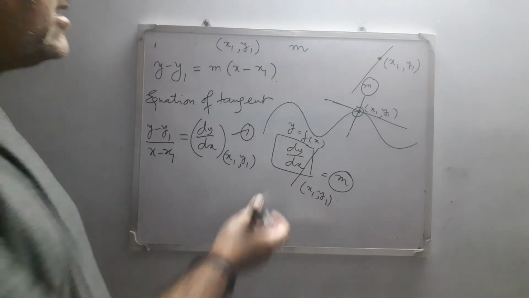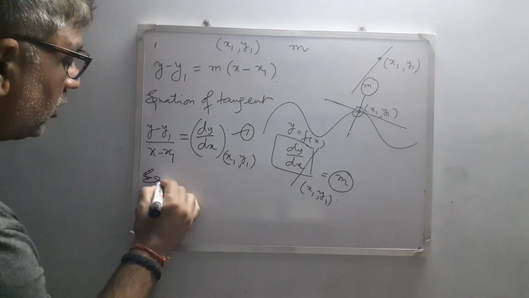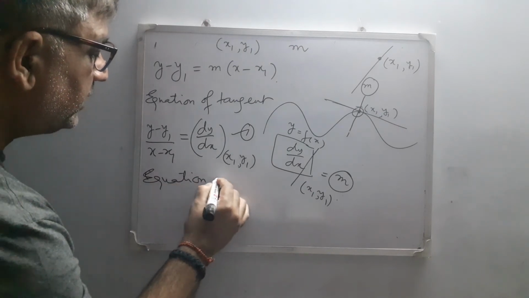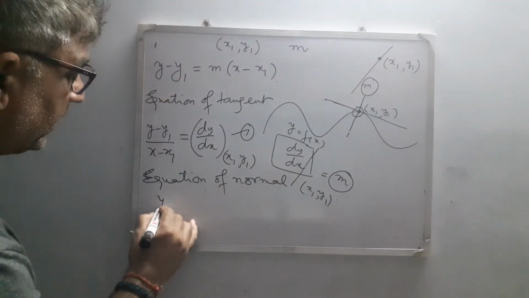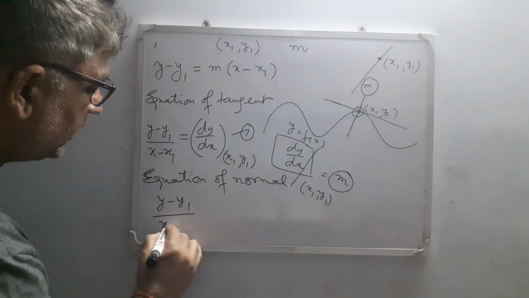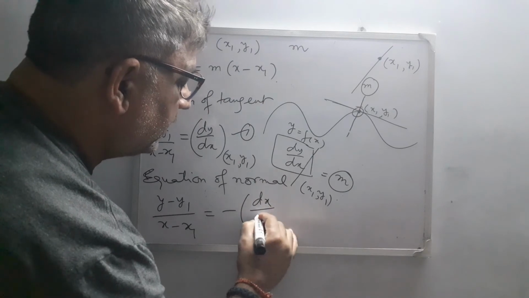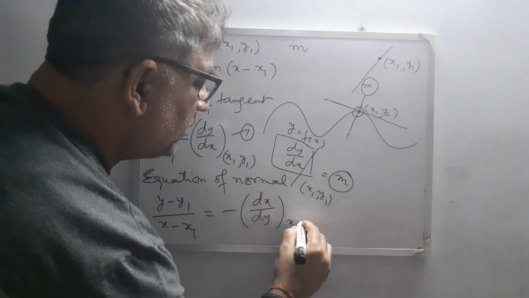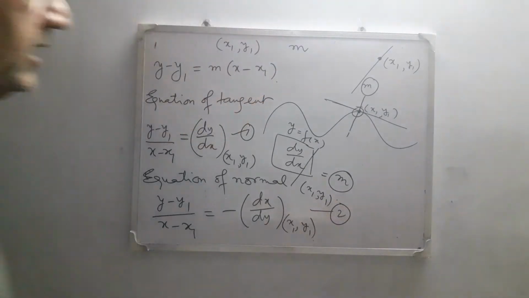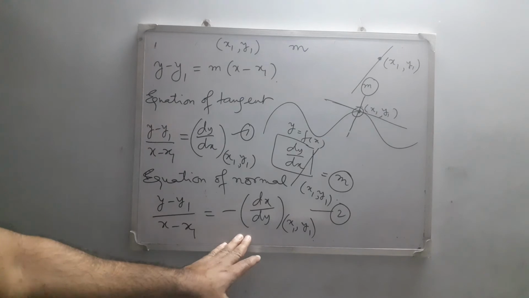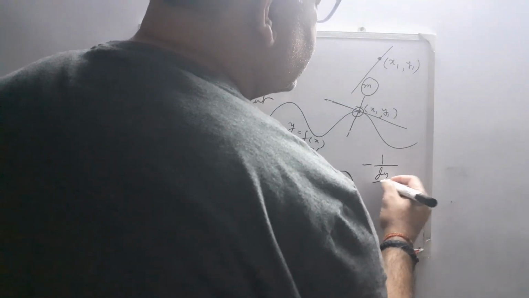You can write it as -dx/dy. So the equation of normal is (y - y1)/(x - x1) = -dx/dy at (x1, y1). So this is number 2. This one is the equation of normal. Some students may write -1/(dy/dx) at (x1, y1).